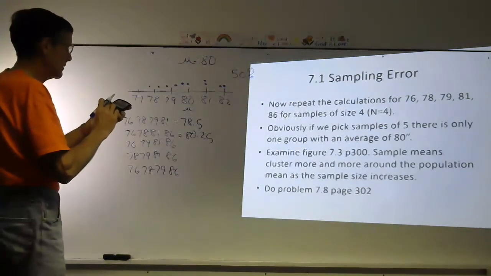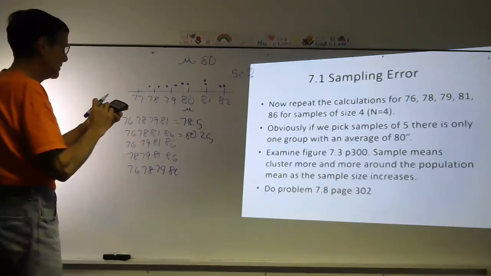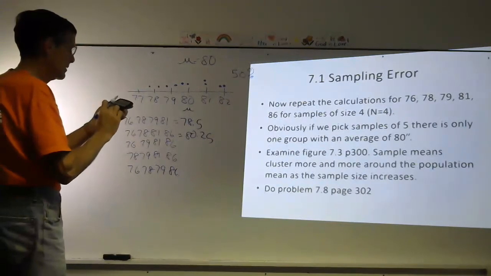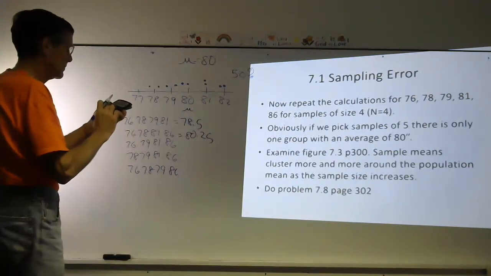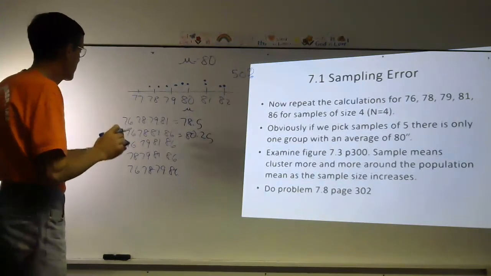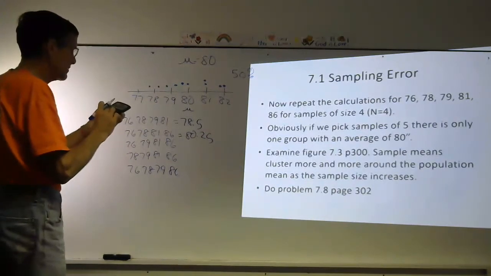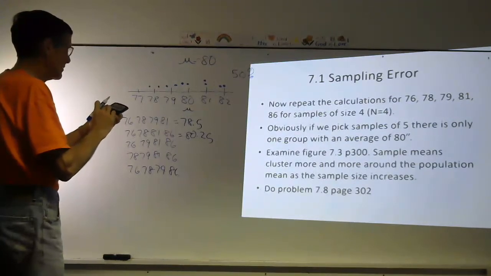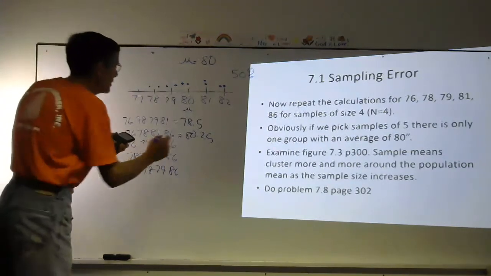I'm going to double check that first one and make sure I did it right. Yep. Okay, how about the next one? 76 plus 79 plus 81 plus 86 divided by 4 is 80.5.